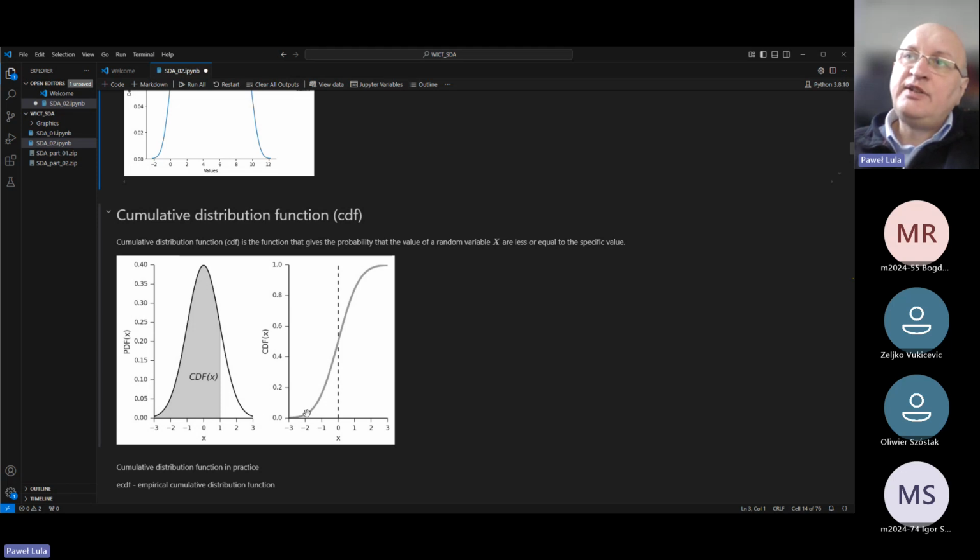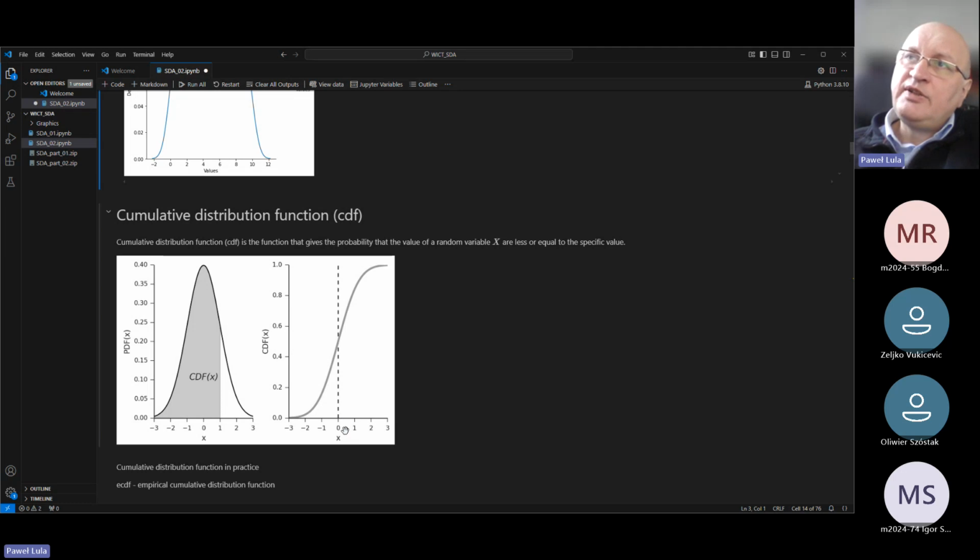And these probabilities are presented here using this S-shape function. For example, we see that the probability that a value of our random variable is smaller than or equal to 1 is about, I think, 0.15.